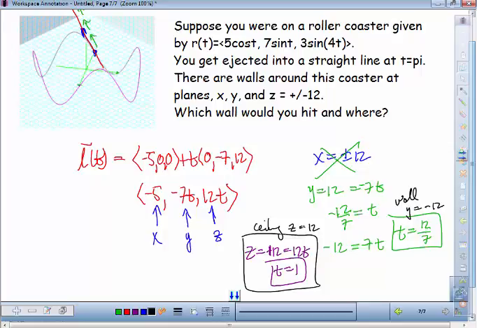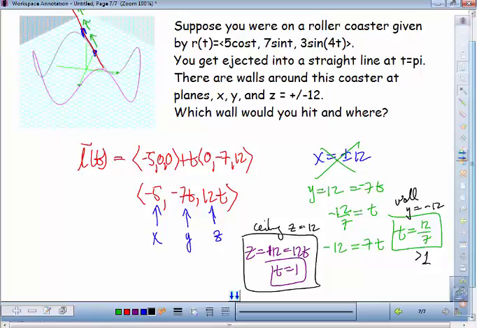So 12 over 7 is bigger than 1, right? So this is bigger than 1, and this is 1. So it looks like at time unit 1, I'm going to hit the ceiling at z is equal to 12. And at time bigger than 1, after 1, I'm going to hit the wall if I go through the ceiling. Okay?